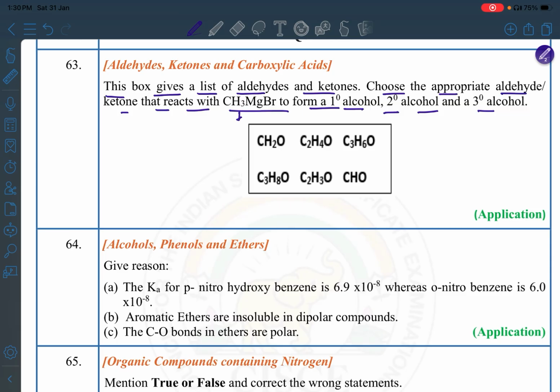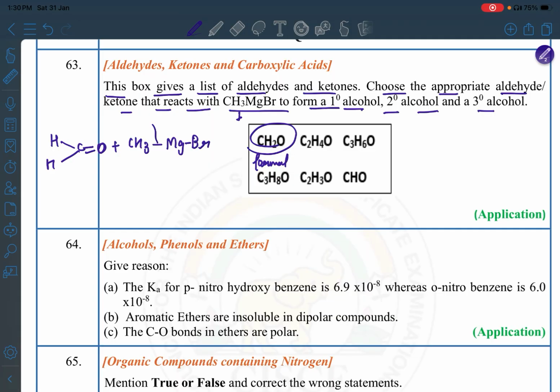For 1 degree alcohol, we have to take an aldehyde. This is formaldehyde. Formaldehyde reacts with the Grignard reagent CH3MgBr.